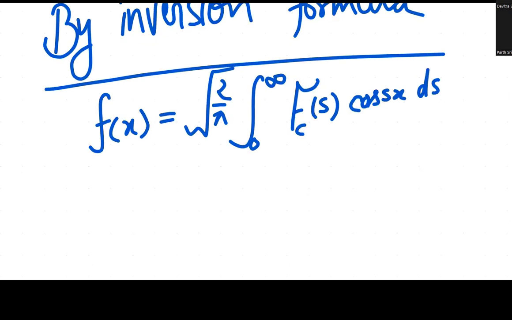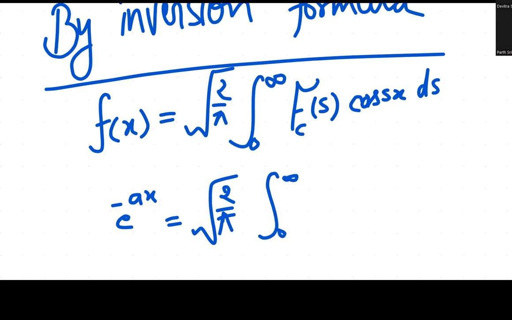So f(x) = e^(-ax) is equal to square root of 2 over pi, integration 0 to infinity, and Fc(s), because above is Fc(s), which we have done.